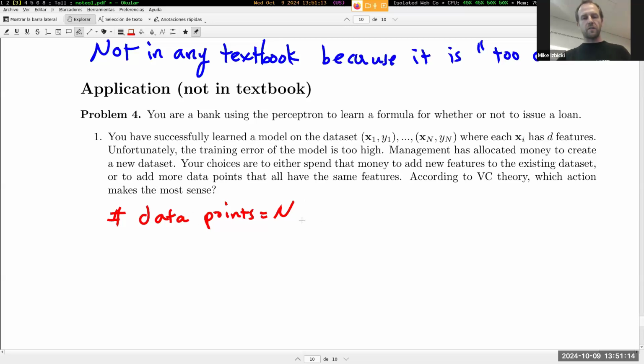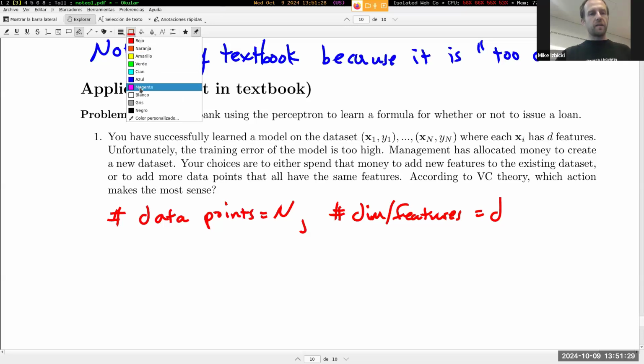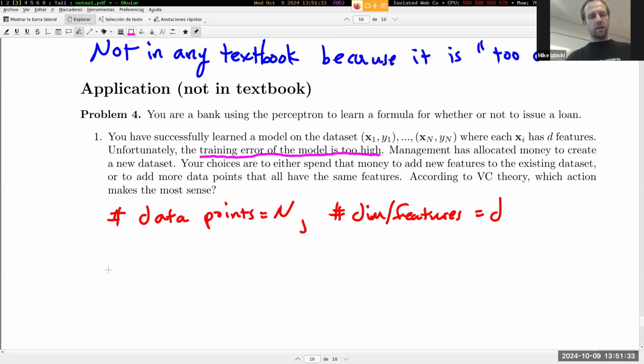There's nothing new here. Same number of dimensions or features equal to d. But the fundamental problem here is that the training error of the model, E_n, is too high.